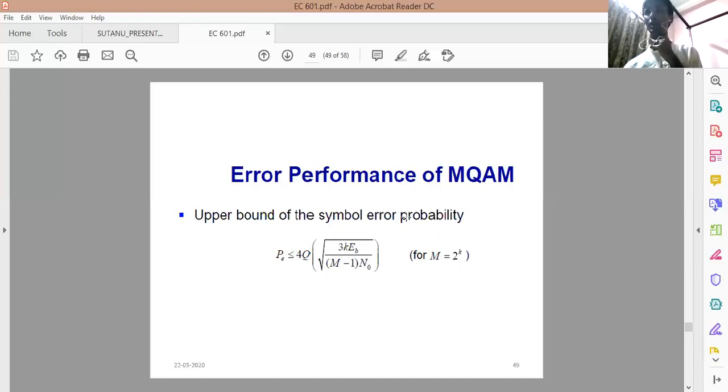If I want to compute some power requirement, lower bound means the minimum energy requirement, minimum power requirement. Upper bound means maximum power. If you go beyond that, the system does not perform like the exact nature, because if the power requirement is more, your energy efficiency is very poor. So I need to maintain some limit.